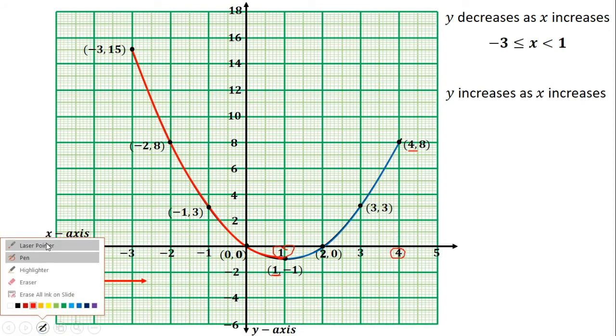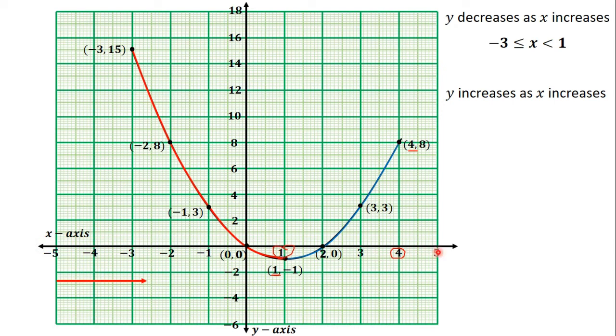So x values between 1 and 4 will give us the values of x for which y increases as x increases. We can write the values of x between 1 and 4 using a set builder notation. And it is written as x is greater than 1 but less than or equal to 4.